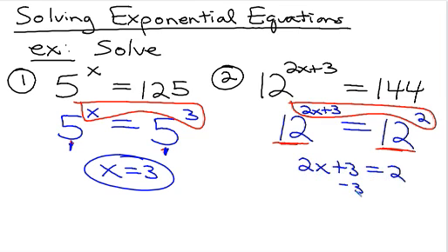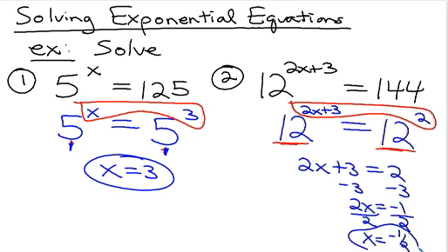And we just do our basic algebra to solve this thing for x. 2x equals -1. Divide both sides by 2. So x equals -1/2. So once you get the bases the same, we see that it's pretty easy. All right?